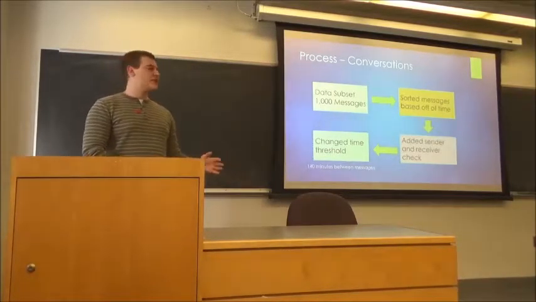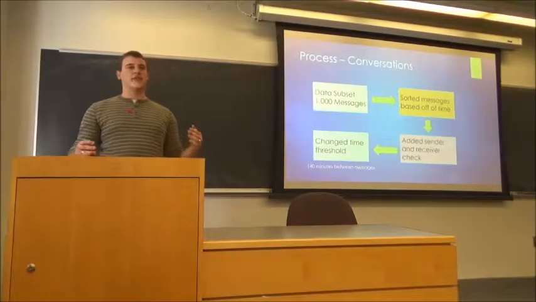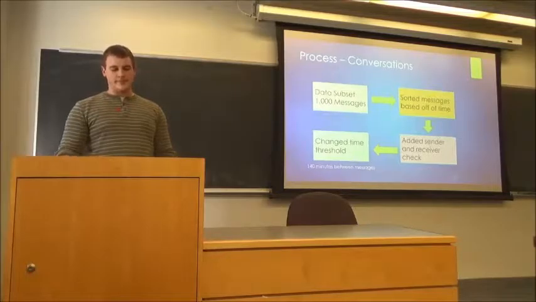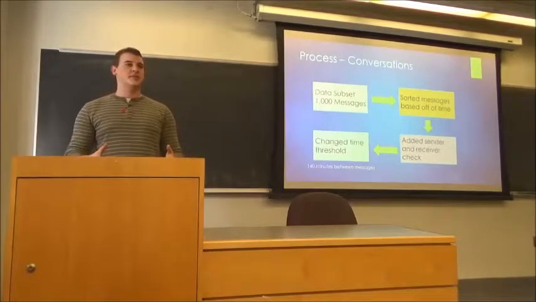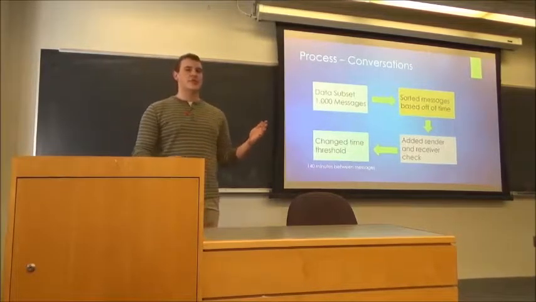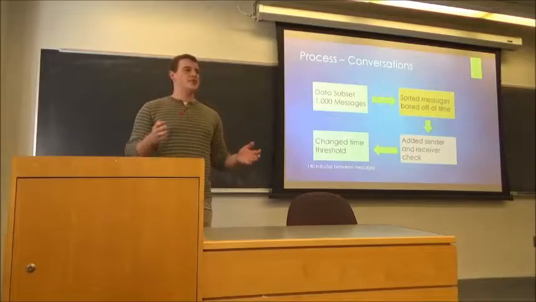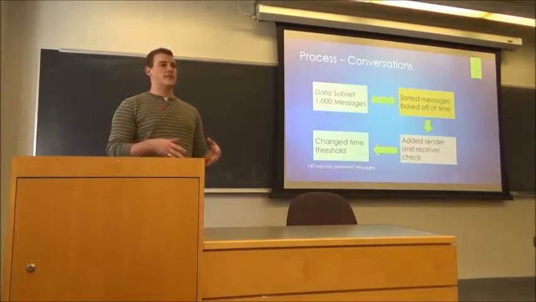So this is the process for my algorithm to find conversations. First, I divided the 80,000 message data set into 1,000 message subsets. The first step was to sort all the messages based off time. If two messages were sent within a time period, they'd be clumped together into a conversation.